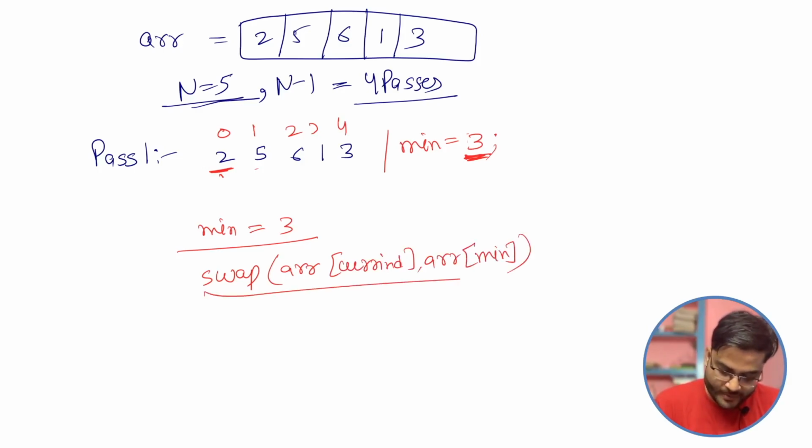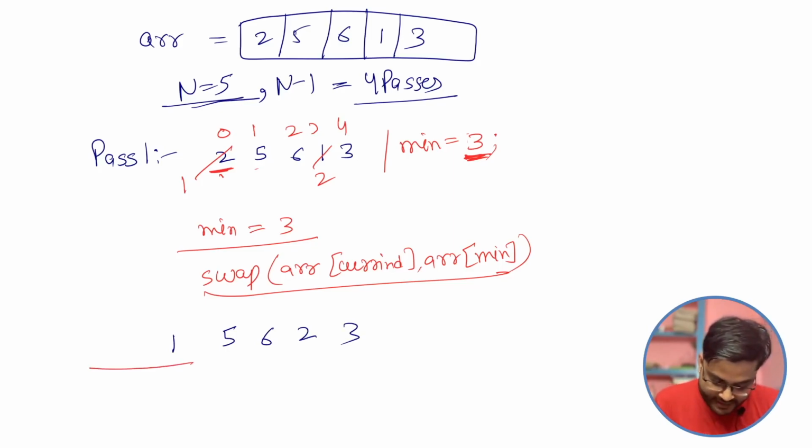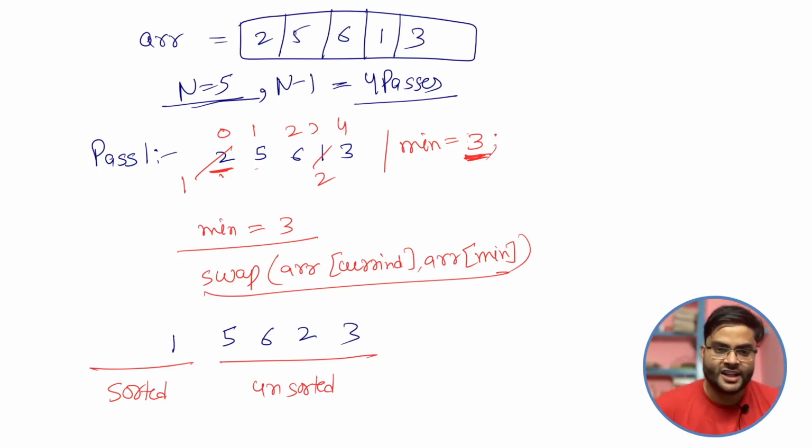Okay, so I will swap these values. So after first pass, this will be 1 and this will be 2, right? So after first pass, we have the array like 1, 5, 6, 2, 3. Now this part is sorted and this is unsorted. Okay, so my next pass will start from this place.